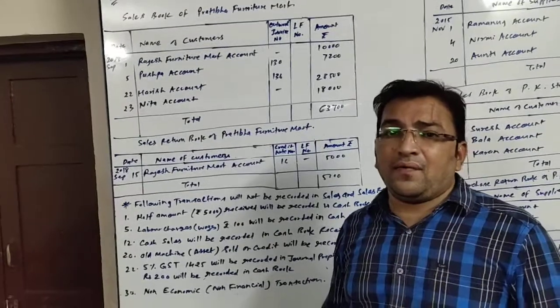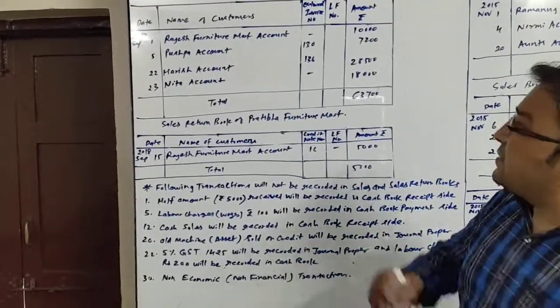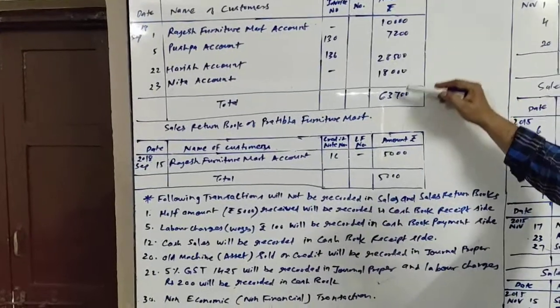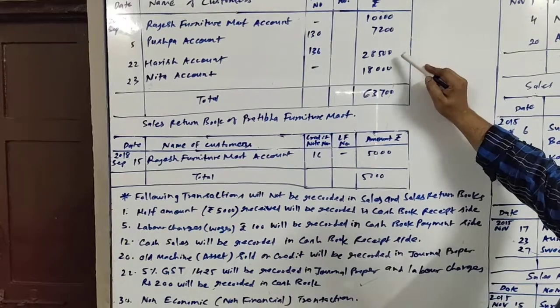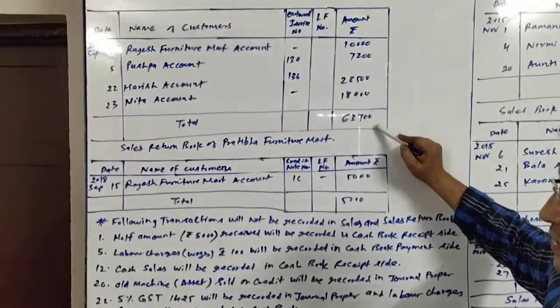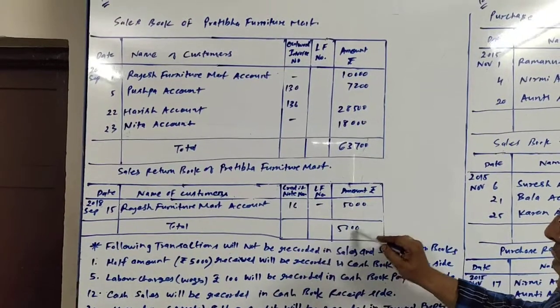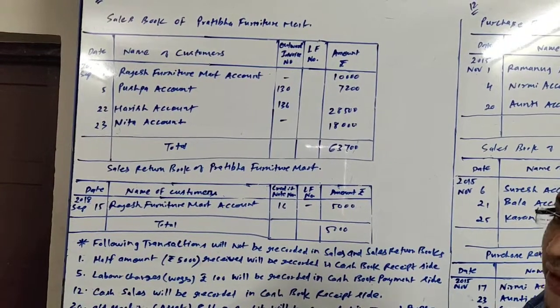Now we will be making the total of our books. The total of the sales book is 63,700: 10,000 plus 7,200 plus 28,500 plus 18,000, 63,700. And in the sales return book only one entry is there, 5,000, so the total will also be 5,000.